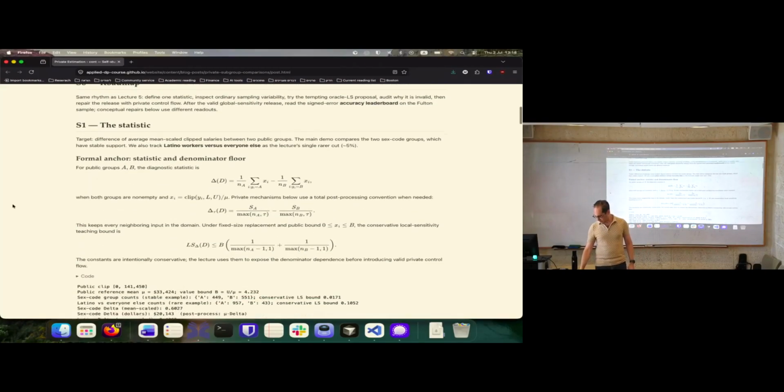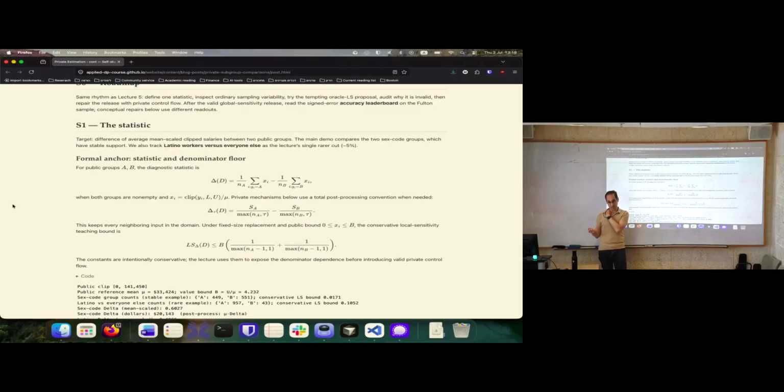So it turns out local sensitivity is this quantity, B is the range on xi, the normalized whatever, and this is what you get here. So it's the maximum between the gap and 1. You can't have 0, but it can be 1 over n, and it can be 1 over a million.